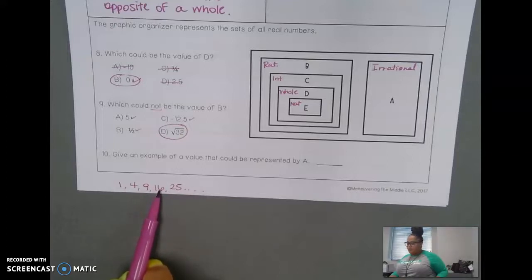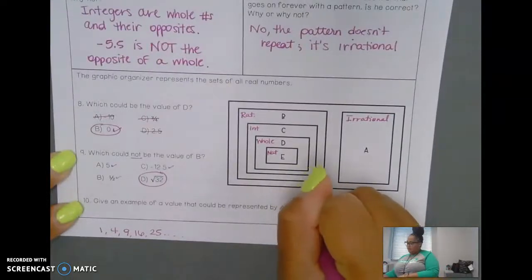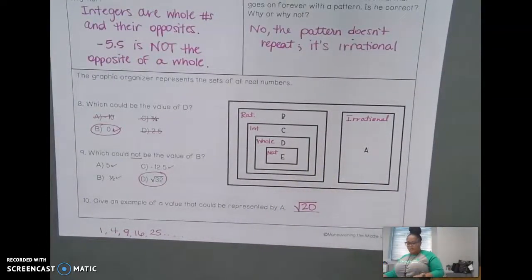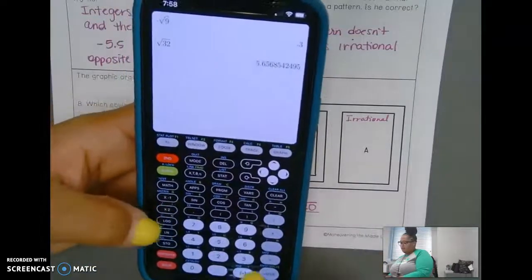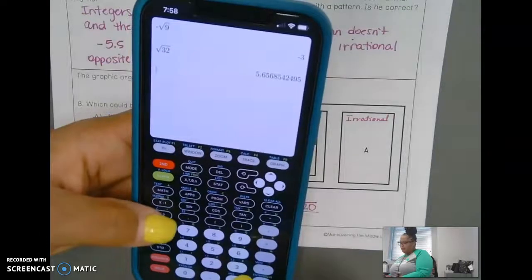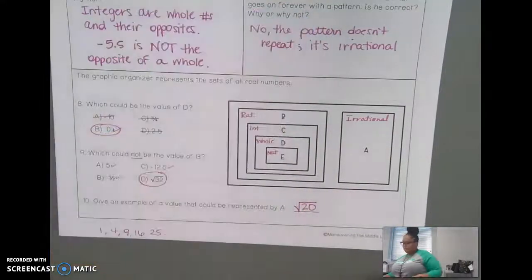I'm going to choose a number between 16 and 25, let's say 20. So the square root of 20, and then I'll check. Second, square root, radical 20, and that would work.